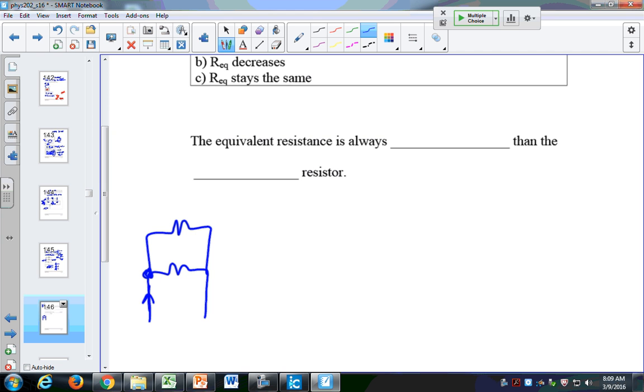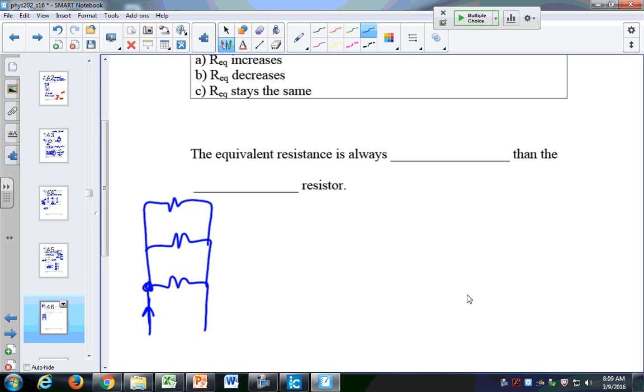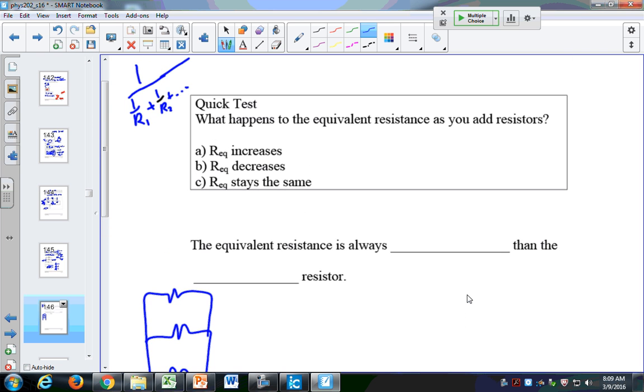It offers more resistance than if I have 3 possible places to go. Now it comes along here and says, I don't have 2 ways to go, now I have 3 places I can pick from. That's a lot easier. So as I add more resistors, my equivalent will decrease. That's sort of counterintuitive, but it's true for resistors in parallel, that the equivalent resistance will decrease when you add resistors.